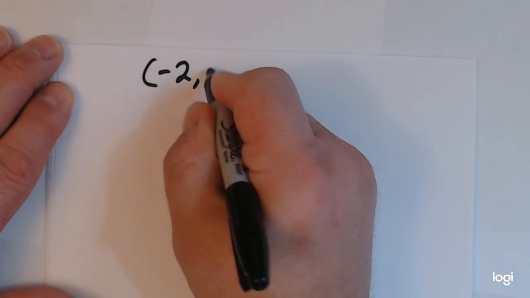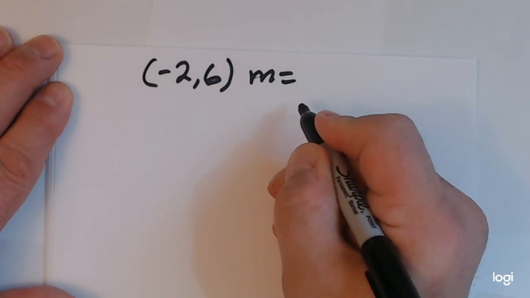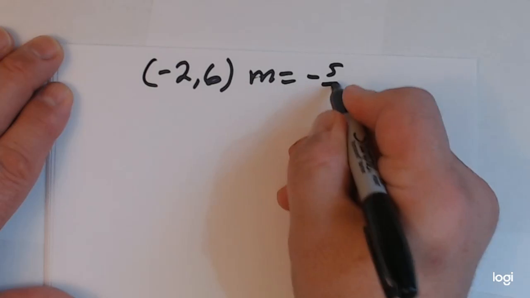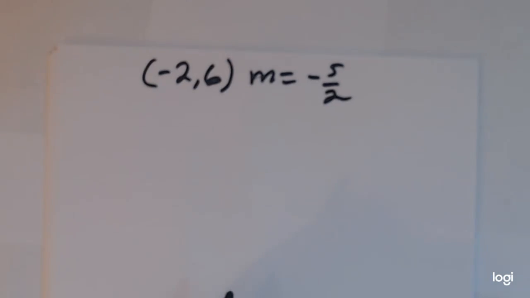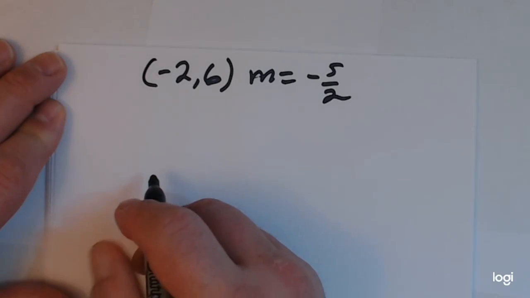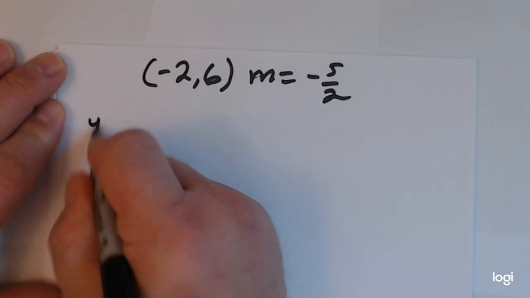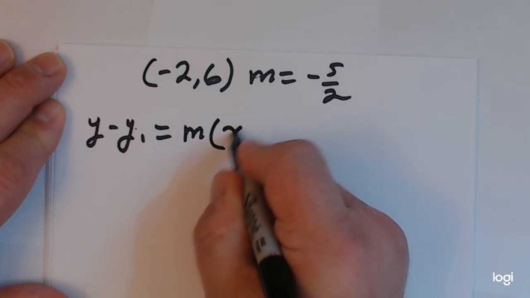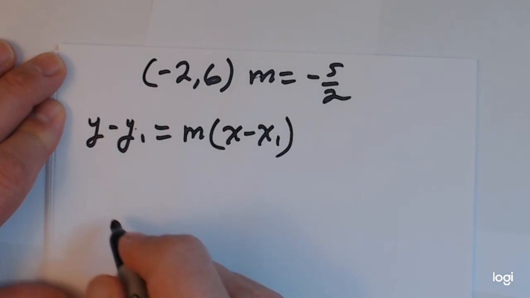How about, let's see, how about negative 2, 6 and the slope equal to negative 5/2. Okay, so y minus y sub 1 is equal to m times x minus x sub 1.